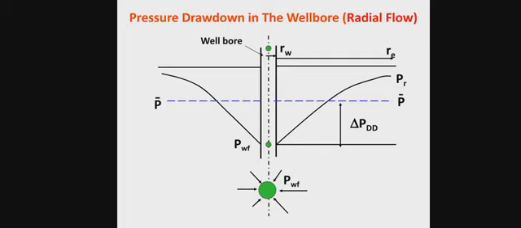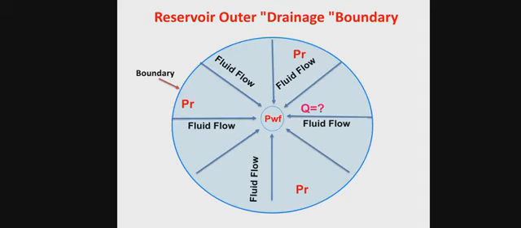Keep in mind that the wellbore pressure is always lower than the average reservoir pressure, due to the pressure drop, and this pressure drop is our main driving force in the case of a naturally flowing well. Okay, let's talk about the reservoir outer drainage boundary. The drainage boundary is the radius through which the hydrocarbons or the fluid will flow towards the well.